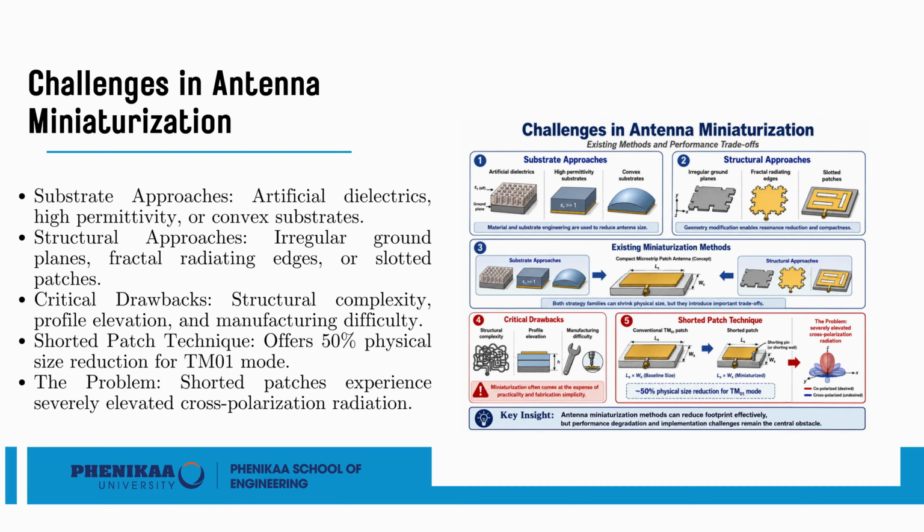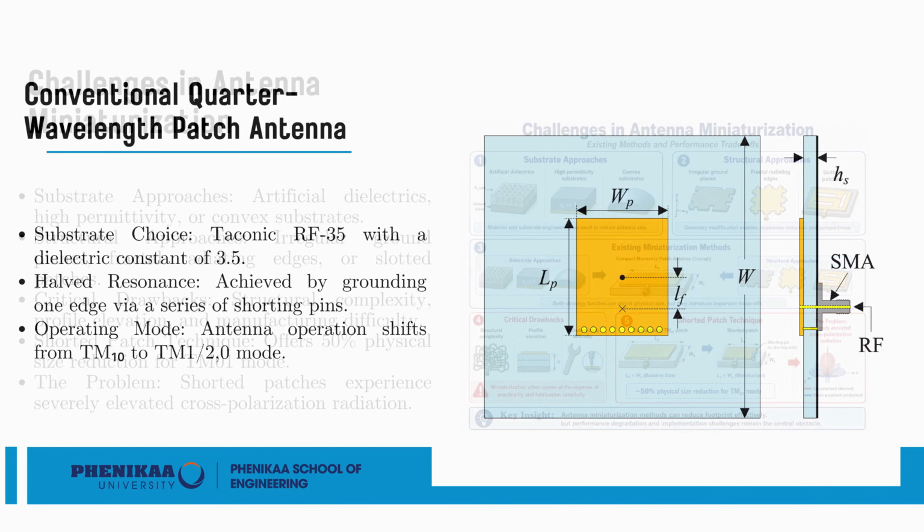Unfortunately, a major operational drawback of this conventional shorted patch is its high cross-polarization radiation level, which degrades overall wireless system isolation. To better understand this limitation, we must first analyze the geometric structure and radiation performance of a baseline conventional shorted design.